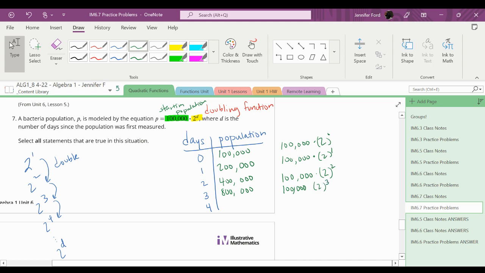I could skip ahead if I wanted to know how many are after like 10 days. We need a calculator for this. 100,000 times 2 to the 10th power. I'm using my calculator. 2 to the 10th power is 1,024.